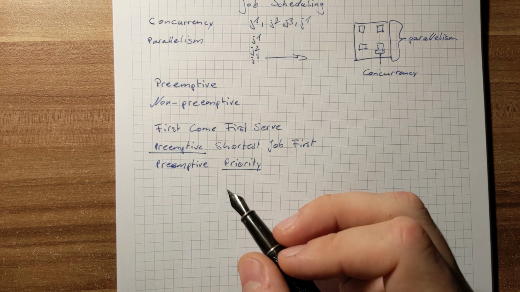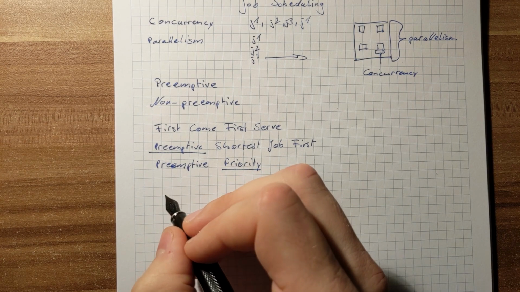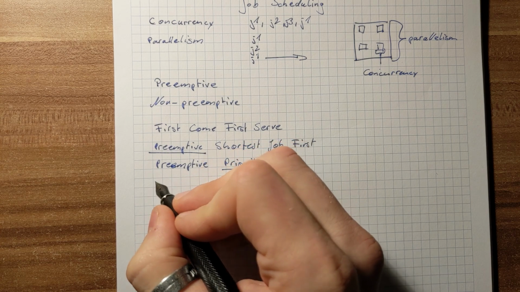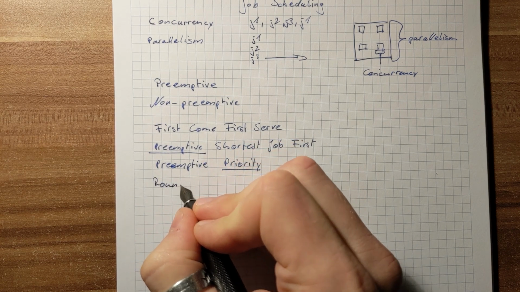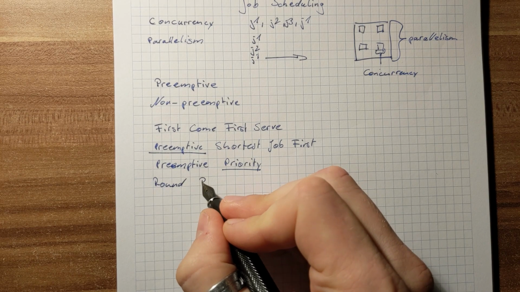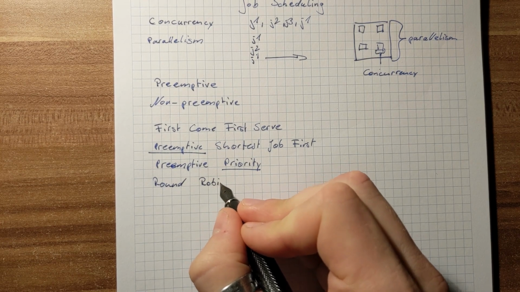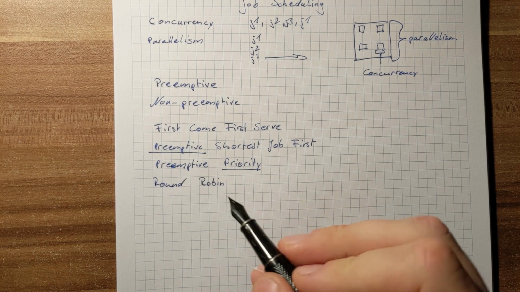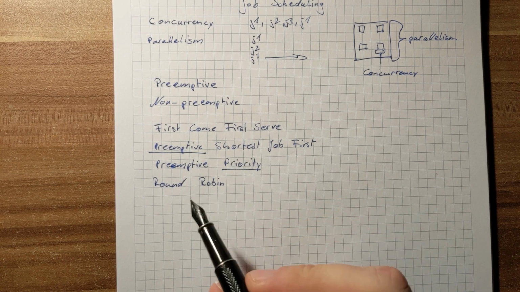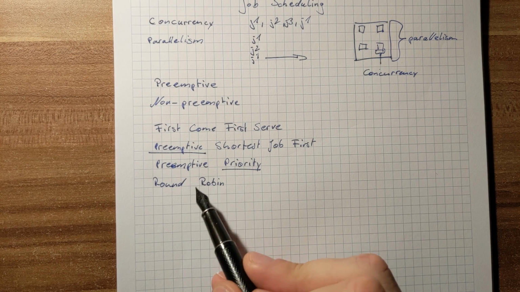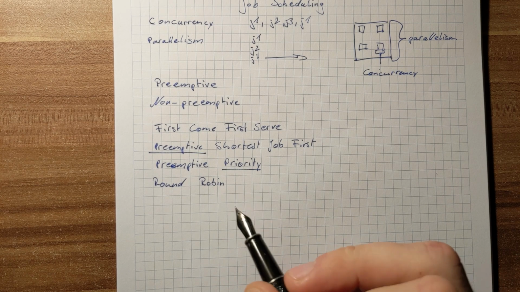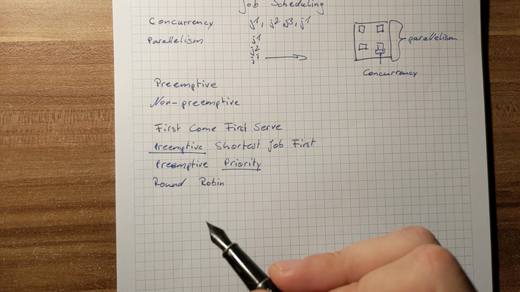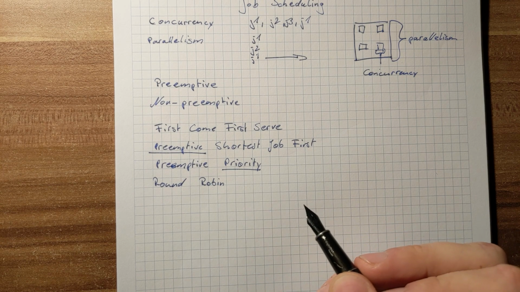And last but not least, a very often used algorithm would be the round robin, which is in its nature a preemptive algorithm, because the way it works is that you have a certain amount of time that every process gets until it is halted and another process starts.